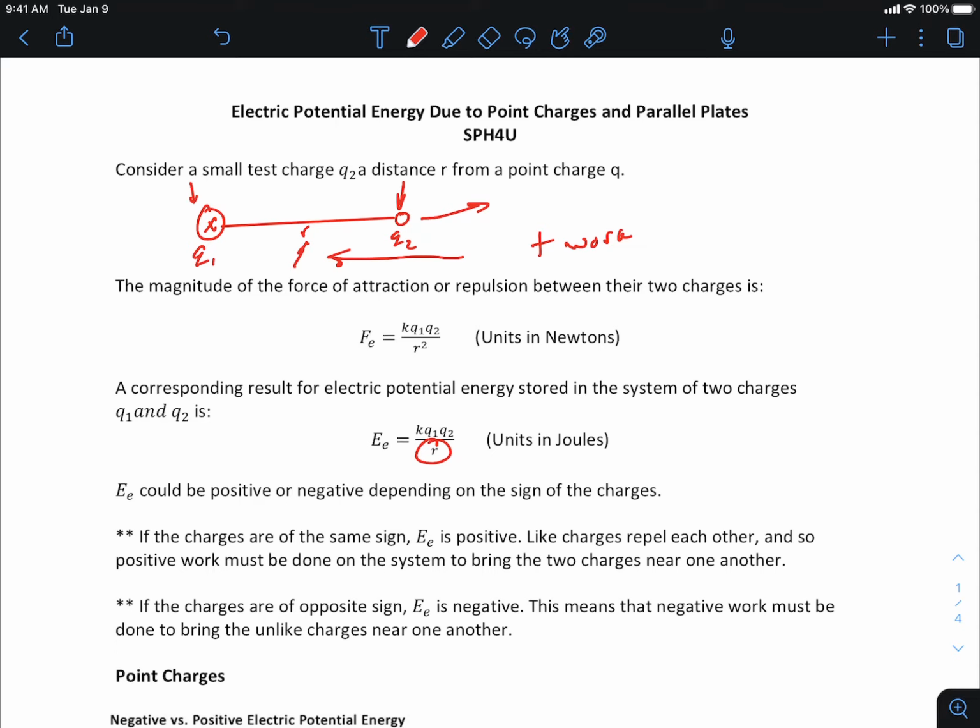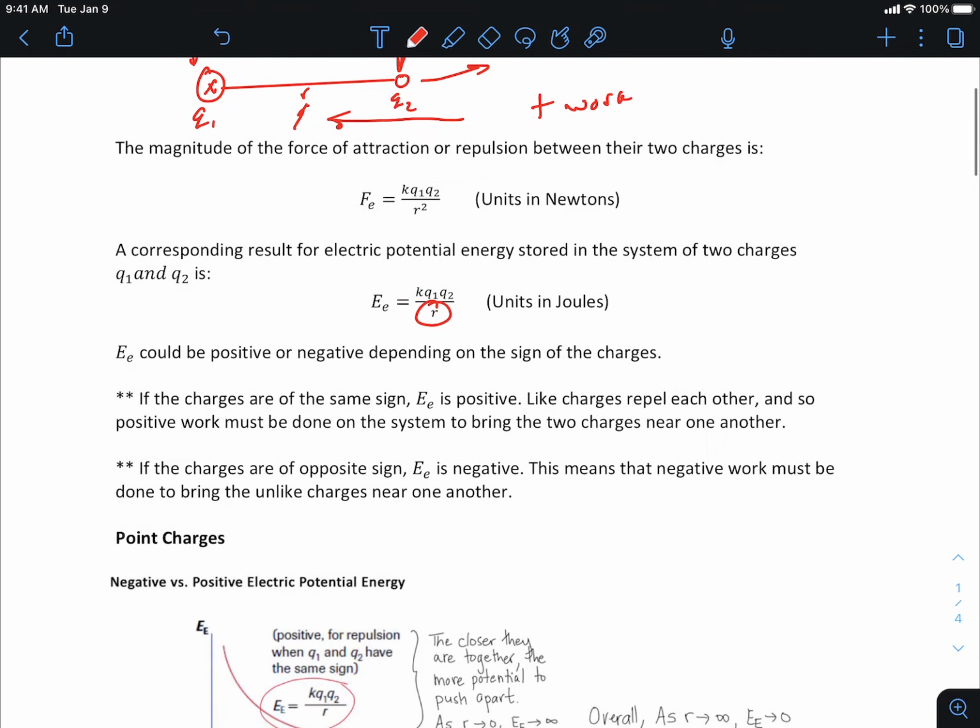Same thing here. If we have an attractive force between those 2 point charges, negative work must get done in order to decrease the radius, because they're attracted to one another. These graphs depict what the electric potential looks like; as we increase the radius, it decreases almost exponentially, between 2 point charges.